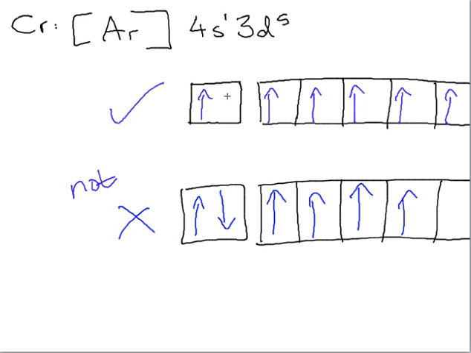It didn't end up looking like this, it ended up looking like this because they wanted to have more parallel spins, and this one's actually kind of empty. It doesn't look that great. But yeah, sometimes there are exceptions to the rules, and that is all you need to know.